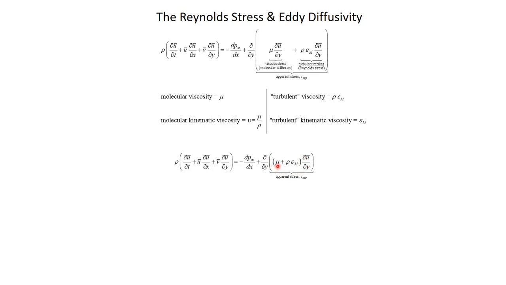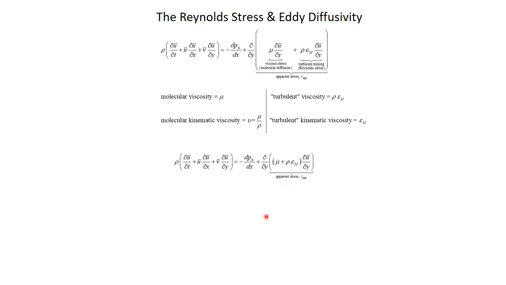Just to be clear, everywhere in the flow, there is this molecular viscosity. It never goes away. But in regions of the flow where the turbulent eddies are present and active, this turbulent viscosity is going to be much, much bigger than this term here, right?